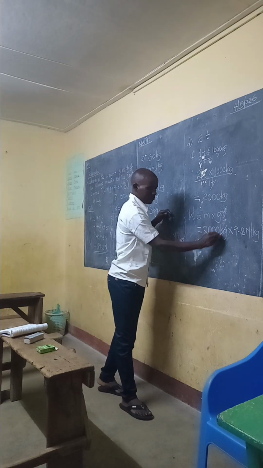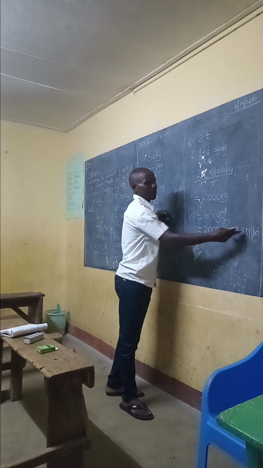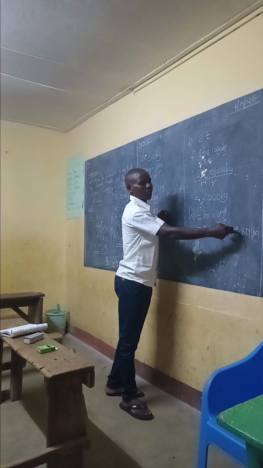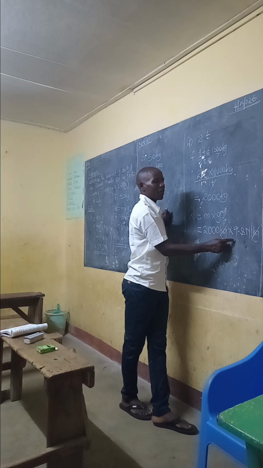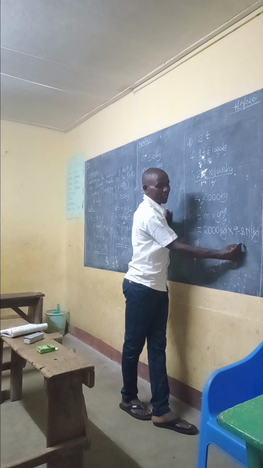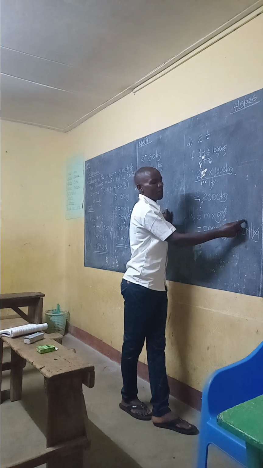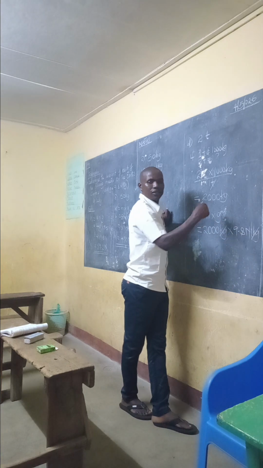So kilogram cancels the kilogram. And I explain why kilogram is cancelling. Because we have this mass times Newton per kilogram. Newton per means that they have divided Newton by the number of kilograms, so kilograms was supposed to be below here. When we are dividing the upper value by the lower value, if there is a unit that is the same, we cancel each part.